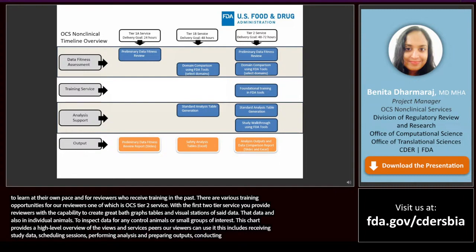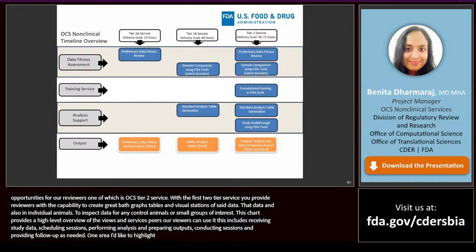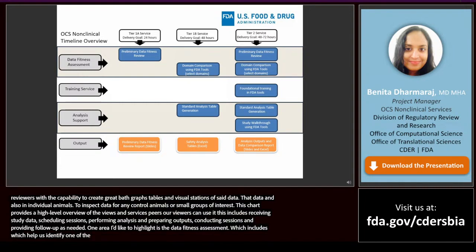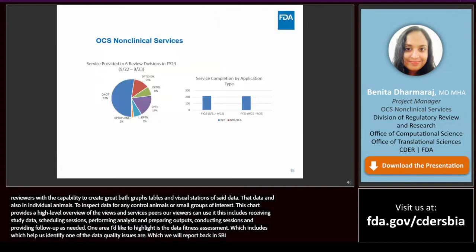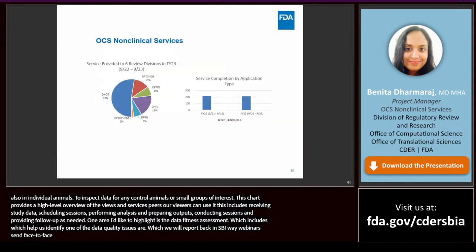One area I'd like to highlight is the data fitness assessment, which includes analyzing our findings. These help us identify the common data quality issues, which we report back in SBIA webinars, SEND face-to-face meetings, and other industry communication.